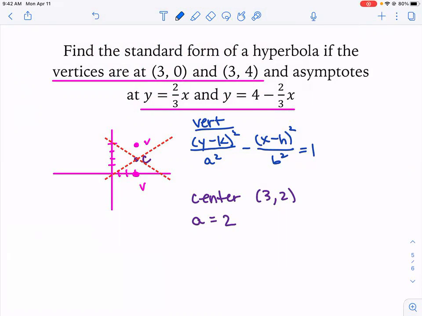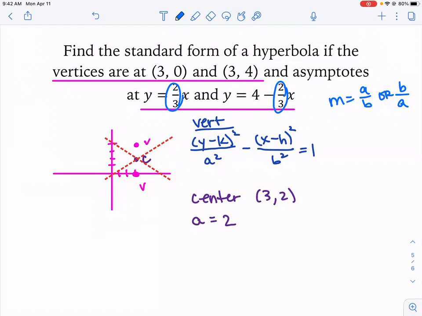Okay, we know that the slope of our asymptotes is either going to be A over B or B over A, depending on if we have vertical or horizontal. So I know we don't know where our box is, but we do know that these have rise of 2, run of 3.